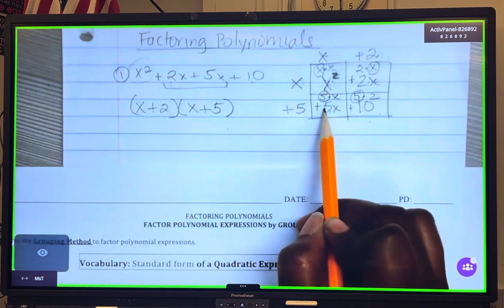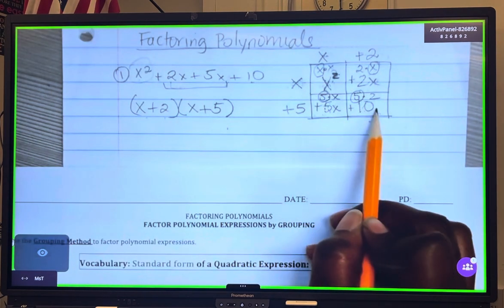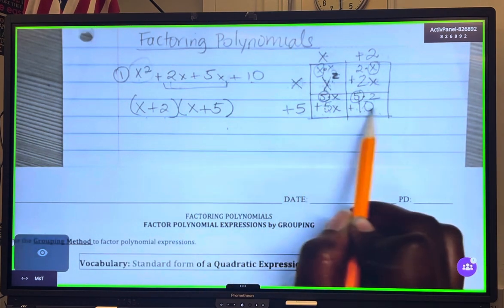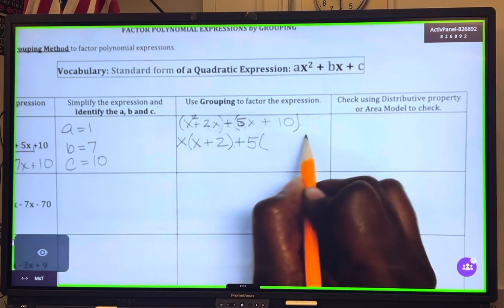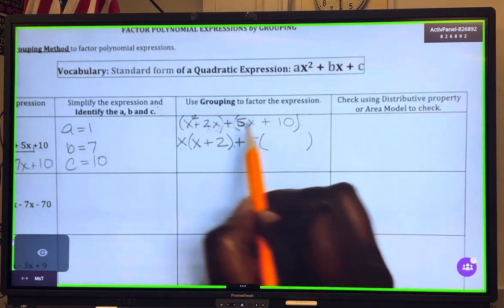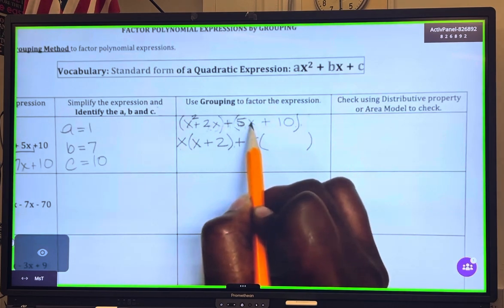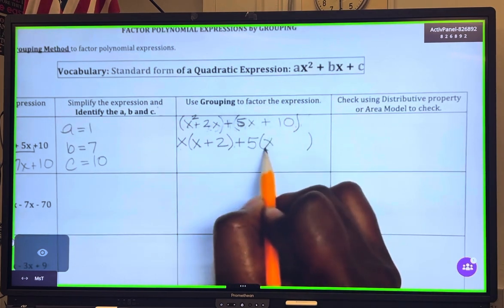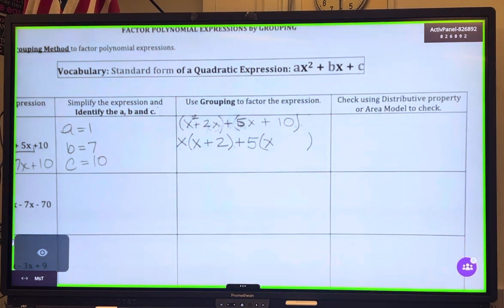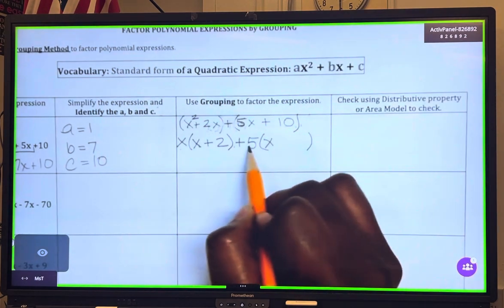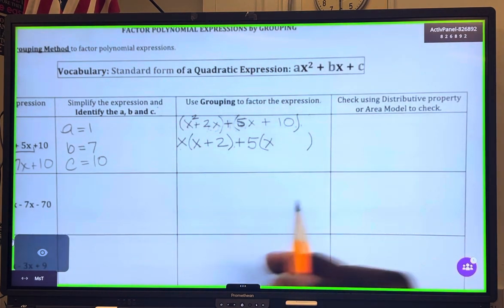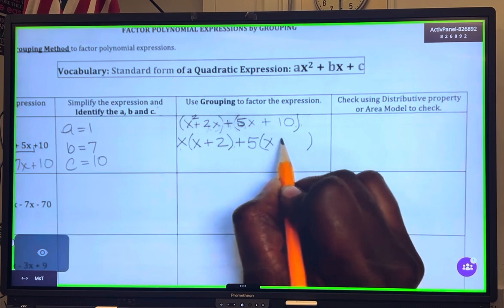So I pulled out a 5. Y'all see that? Now, once I pull out a 5, if I take a 5 out of 5x, what's left? X. I'm really just dividing, right? If I divide 10 by 5, what's left? 2. What kind of 2? Positive 2.